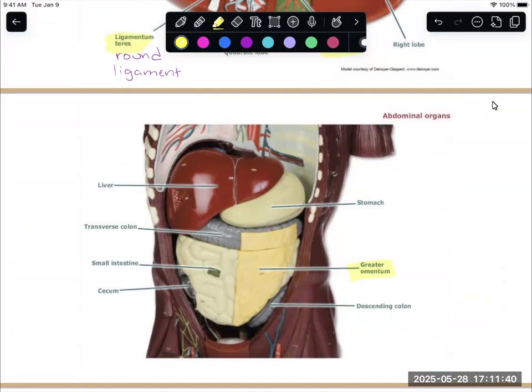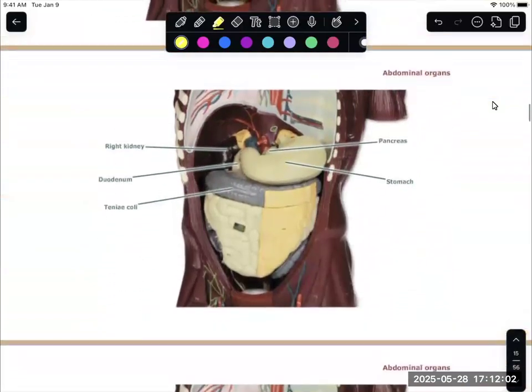I will tell you, I have seen one in a person that was awake and had a wound in her abdomen that was that deep. That greater omentum is like a fatty layer that just covers all of the different organs there. That's what's important from that picture.